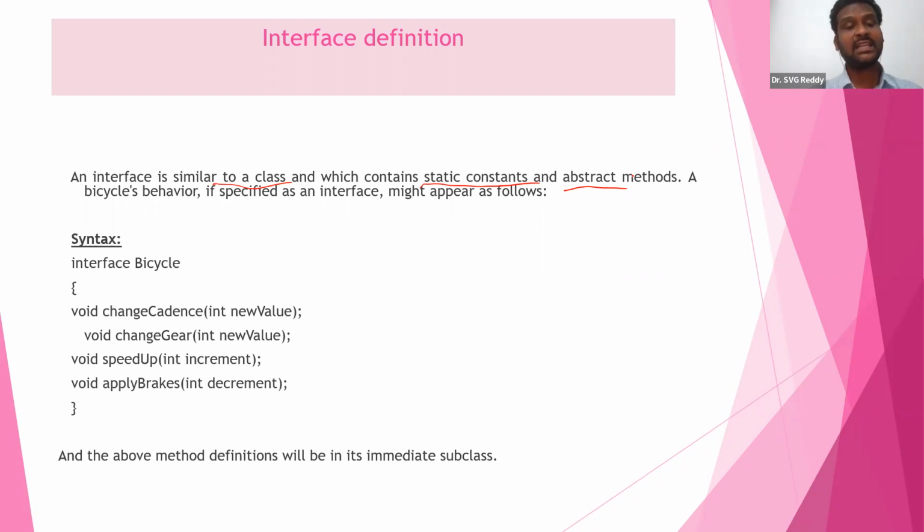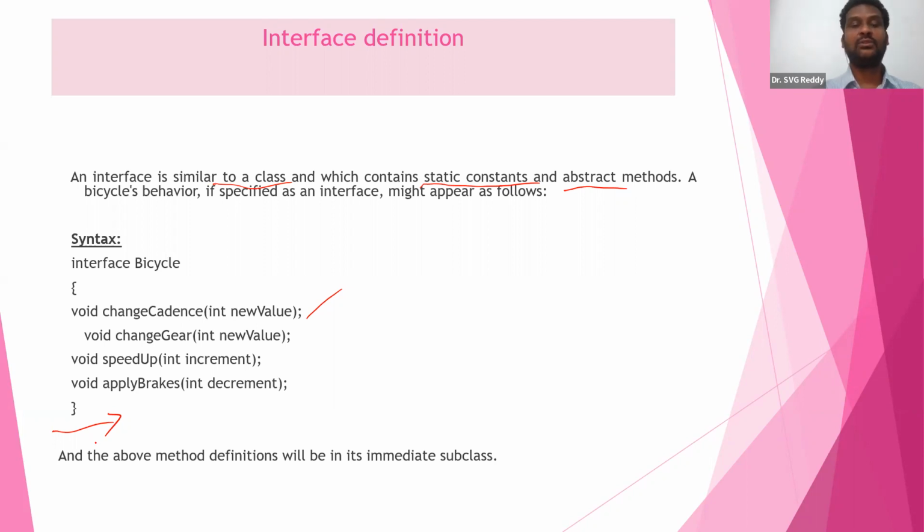But interface is like a class only, which contains variables which are constant values, which act as constants, and methods which are abstract. Abstract means it will have only declarations. Methods will be declared, that's all. And its actual definition, its code, will be in the next class, its subclass or subinterface.